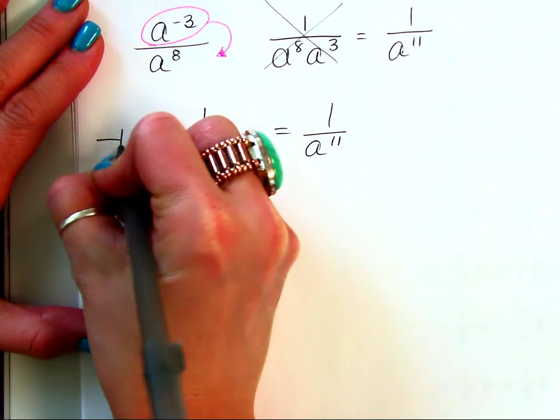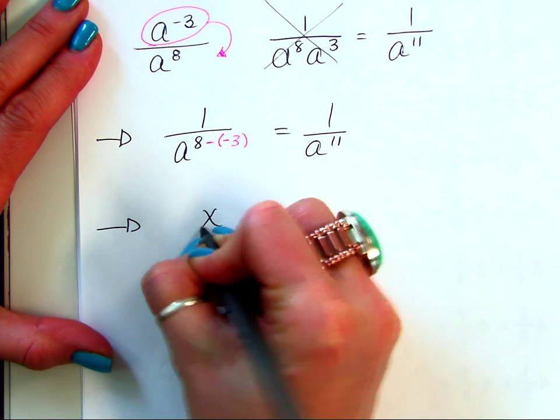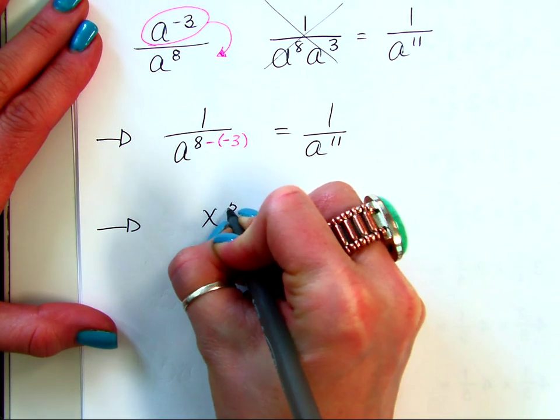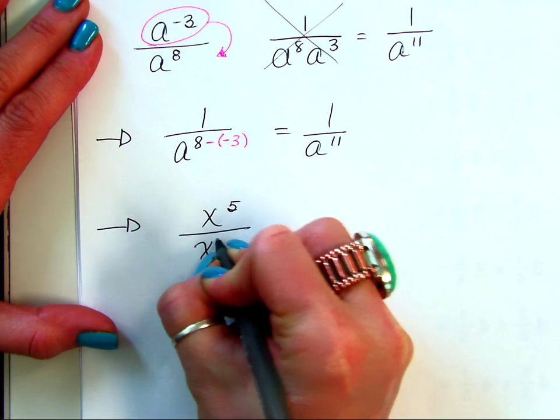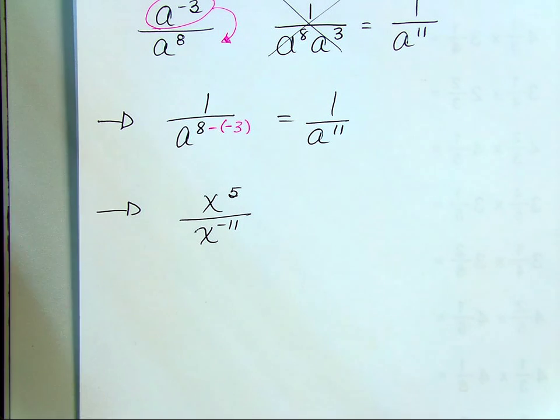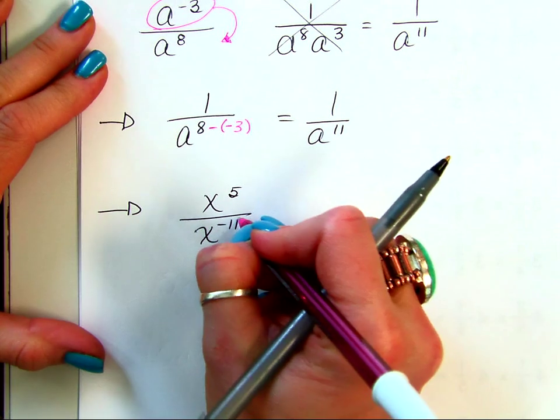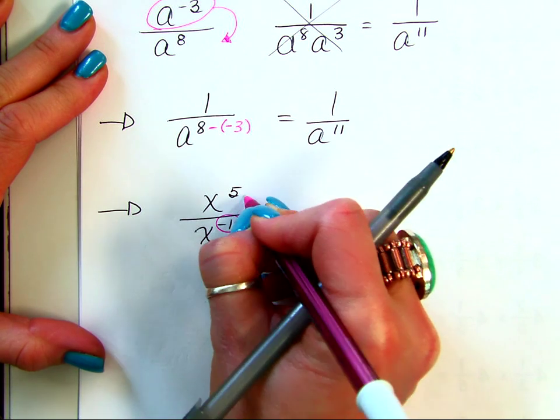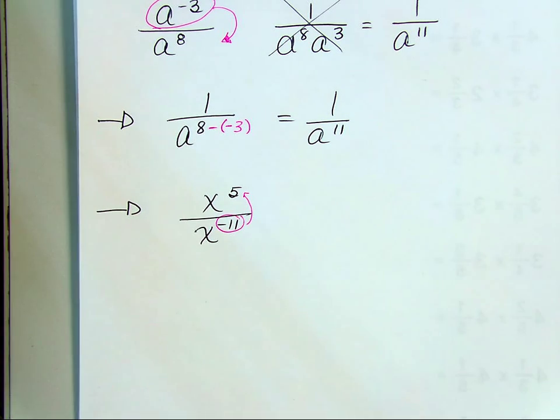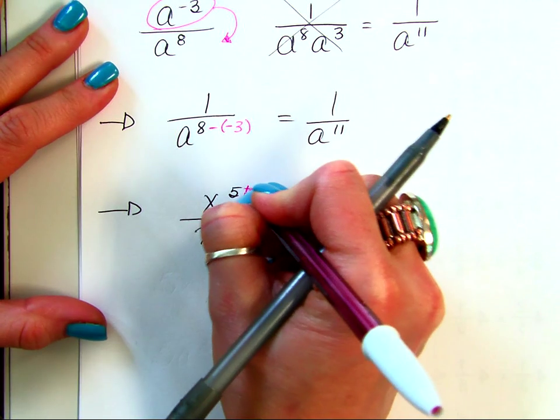So how about this one? How about x to the 5th divided by x to the negative 11th. Take the smaller exponent to the larger and subtract it. So take that negative 11 up here and subtract it, which really means add it.